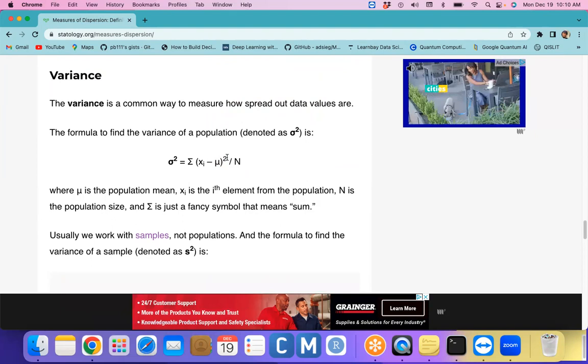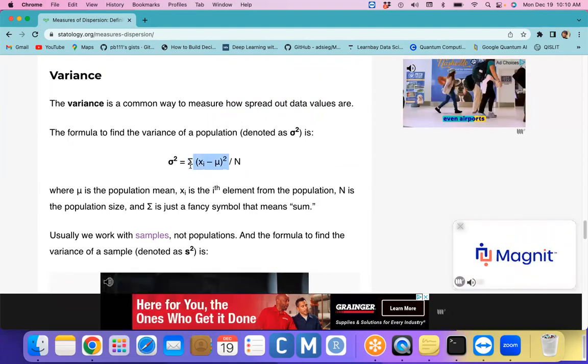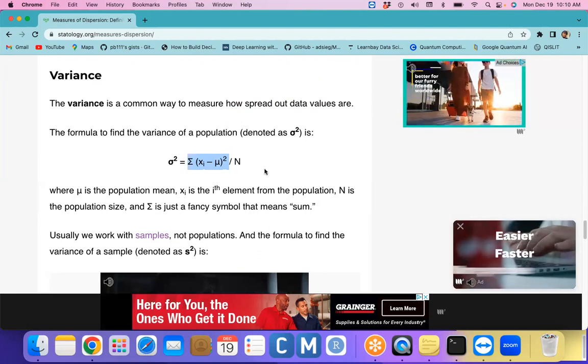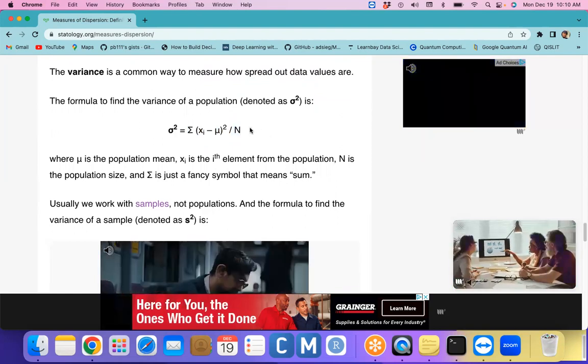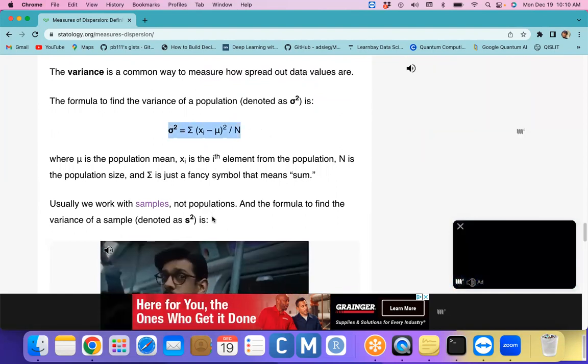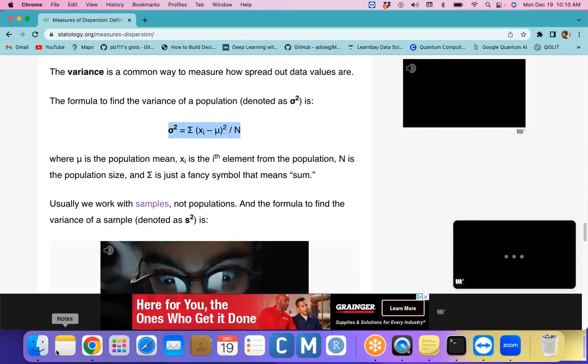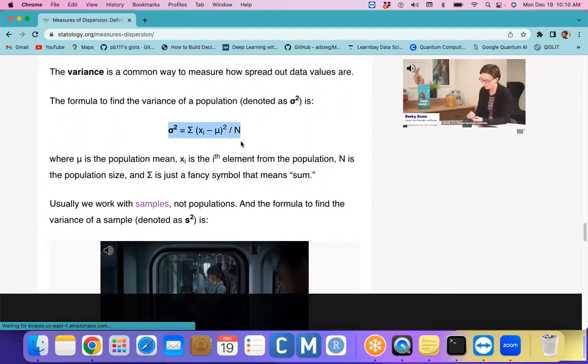This is the way we find each square term, sum them, and finally divide by n. Whatever value we get, we call it the variance. You can easily calculate it with the help of Excel also.